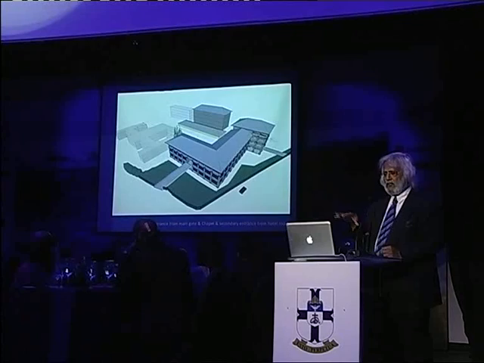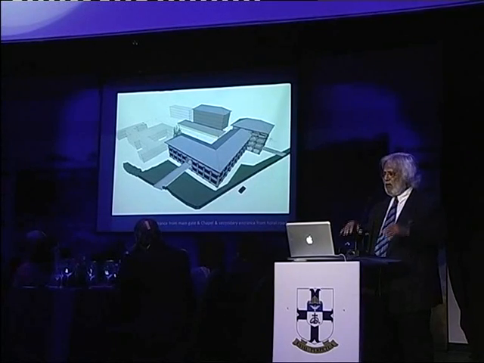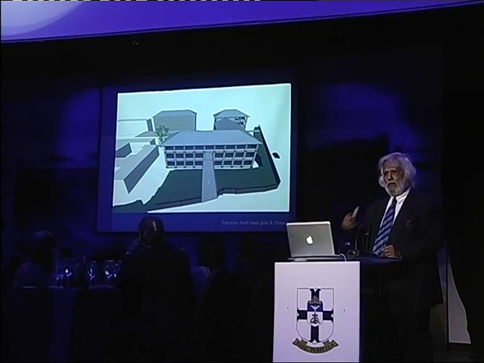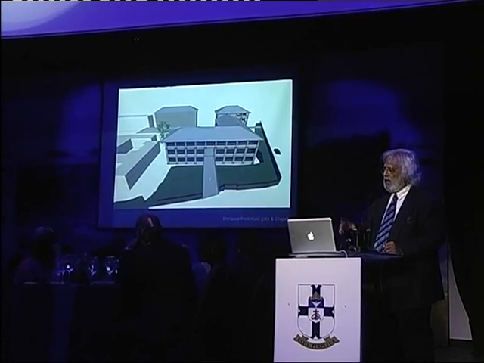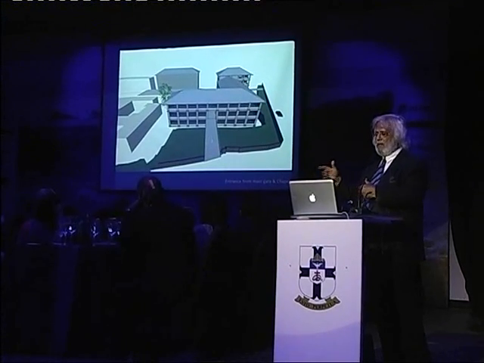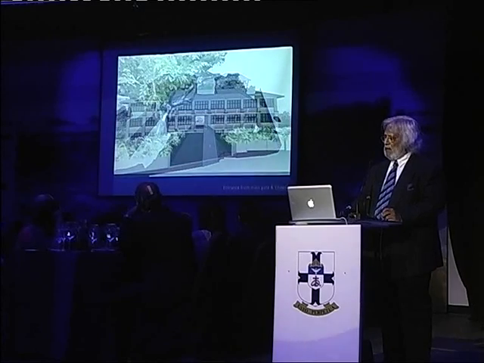The height of the building is going to be ground plus 2 floors, roughly the height of the hall, with the block at the end being ground plus 3 floors, and the block behind the dining hall also ground plus 3 floors.